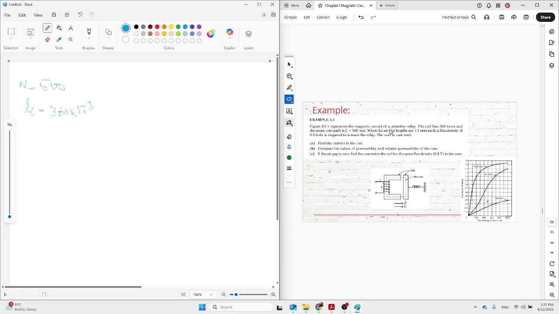The air gap lengths LG, each one is 1.5 millimeter, 10 to the minus 3. The flux density B is given as 0.8 Tesla.